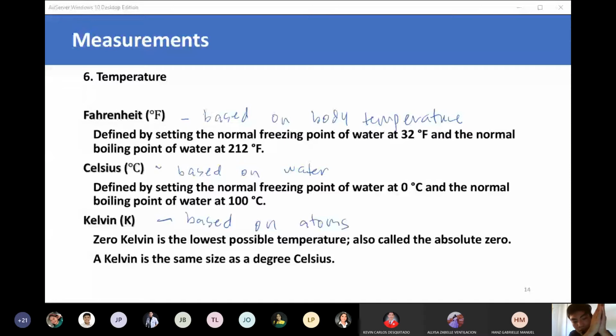If the atoms are not moving, that means there is no temperature reading. Hence, the absolute zero. If the atoms are not moving, there is no temperature reading, and that corresponds to 0 Kelvin. But when they start moving, they start moving around. Let's speed up, they're moving. What happens?